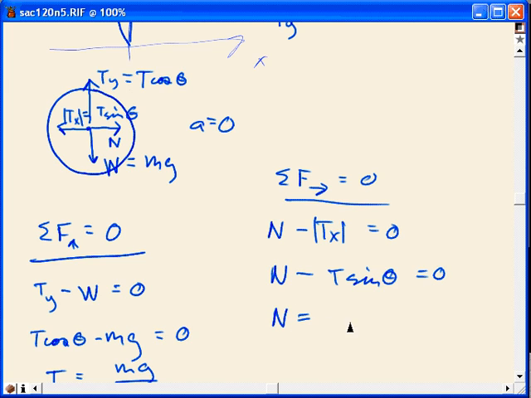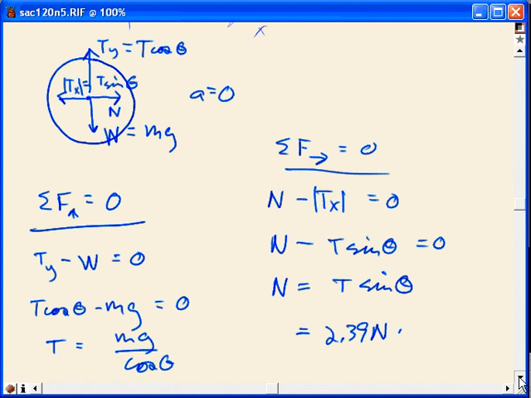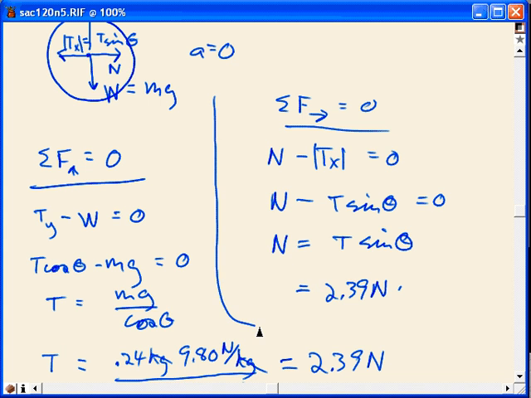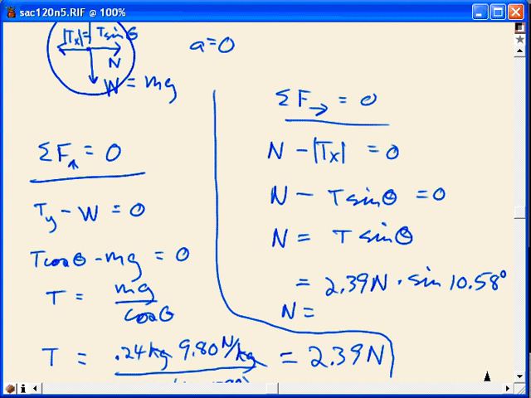So N is just T times the sine of theta, which is at 2.39 newtons that we just found, times the sine of the 10.58 degrees that we found a while ago.